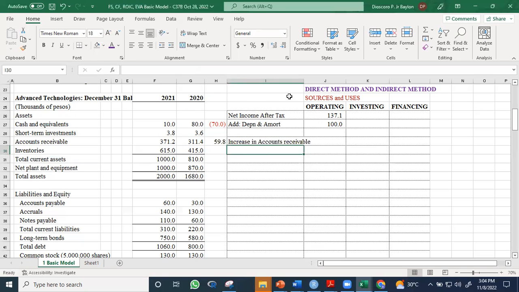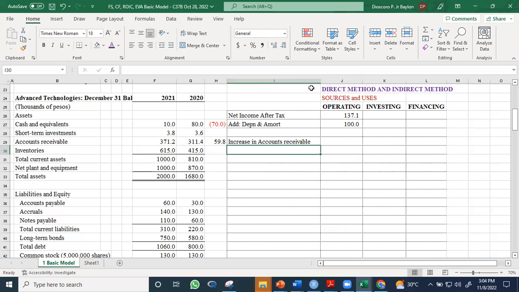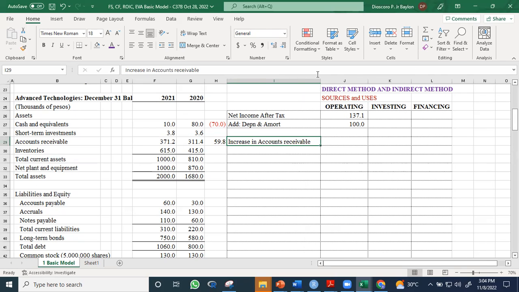This is the indirect method, and we look at the effect on cash flows by looking at the changes in your different accounts and then classifying them as operating, investing, or financing. Okay, 59.8.